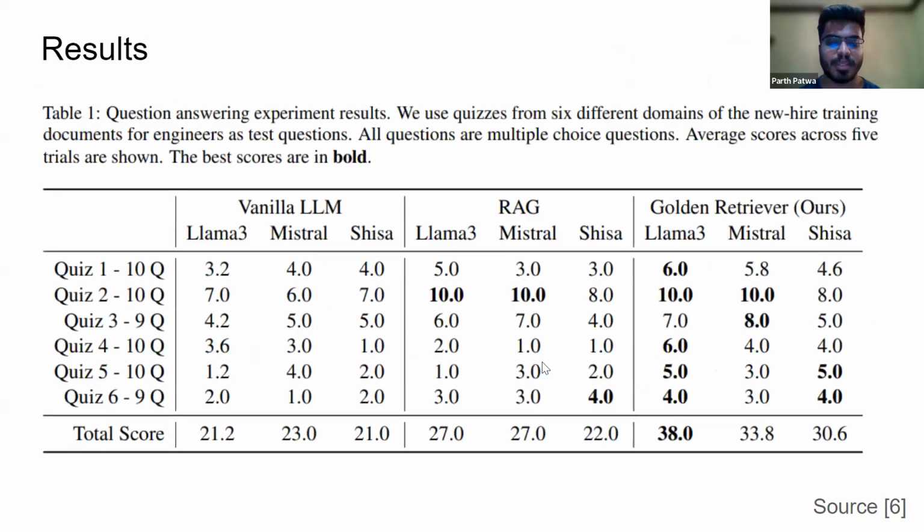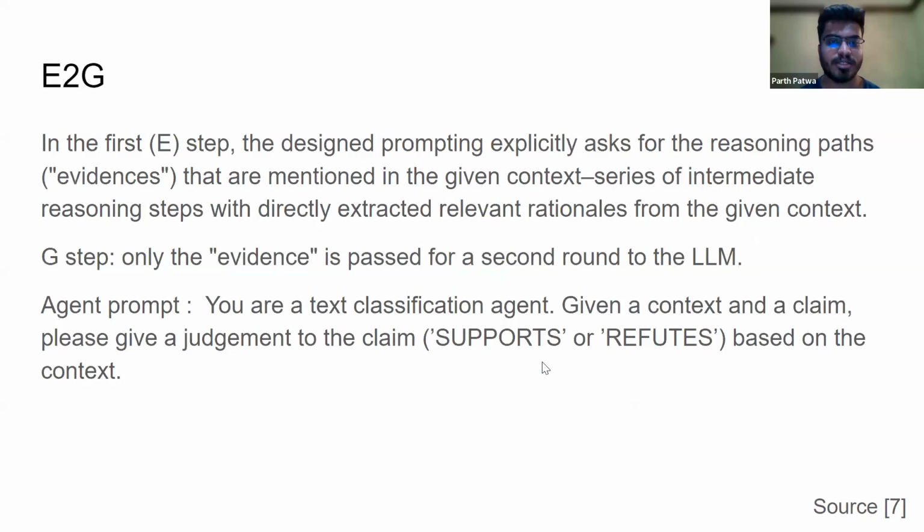First, we specifically ask for the reasoning path or evidence mentioned in the context itself, and the context is whatever RAG retrieved. Then this evidence is passed to a second round of LLM to generate better evidence. Then we have an agent which classifies whether the evidence supports the claim or refutes the claim.